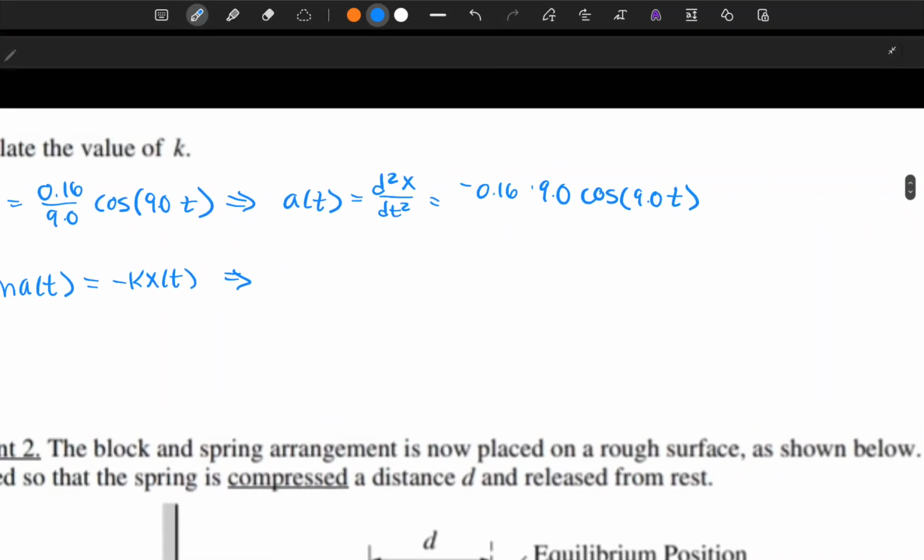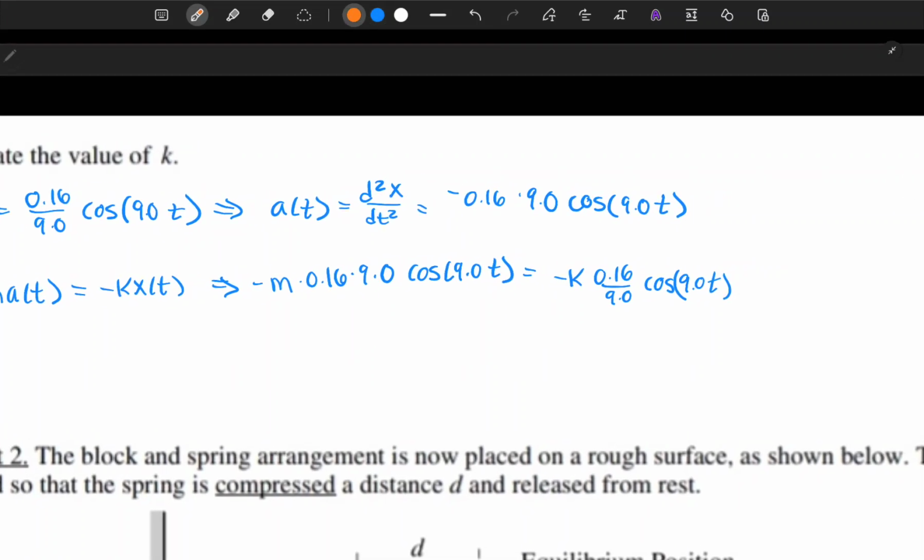This implies that negative m times 0.16 times 9.0 times the cosine of 9.0 t should be equal to negative k times x, which is 0.16 over 9.0 times the cosine of 9.0 t.